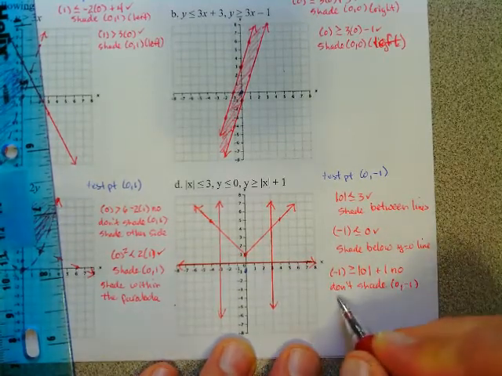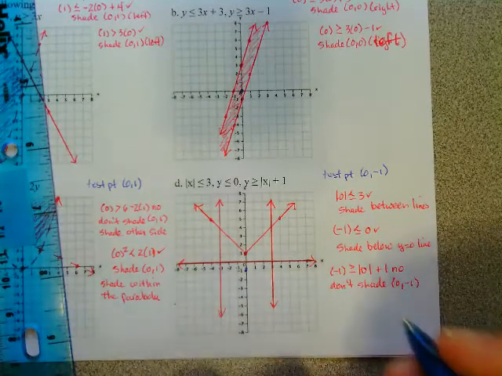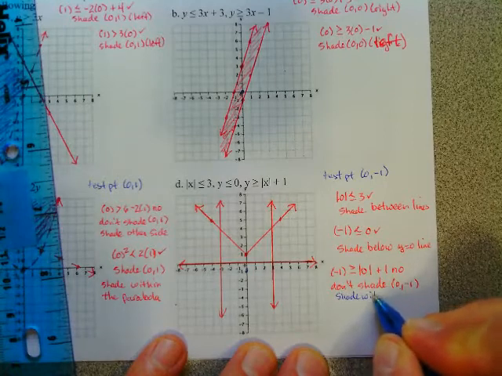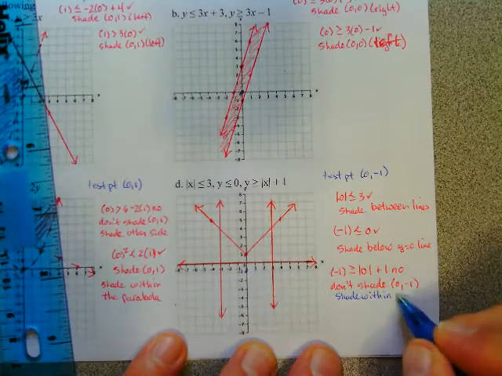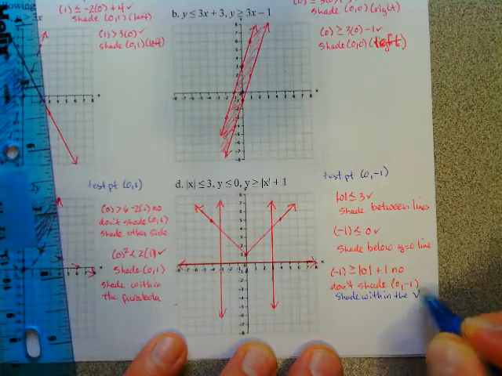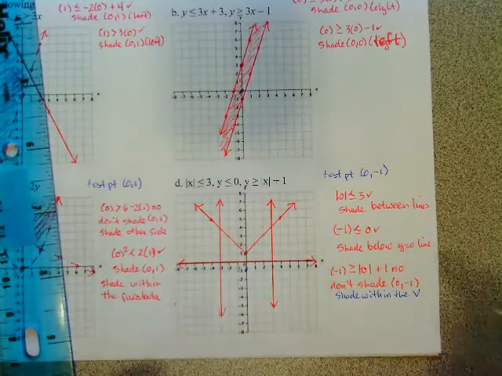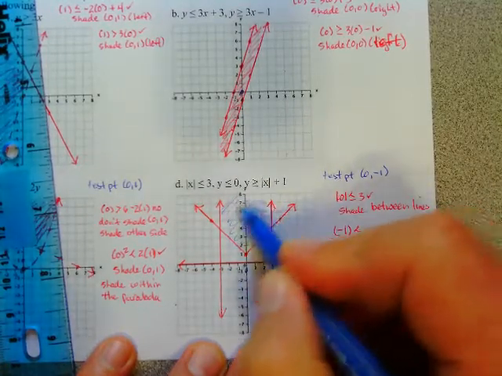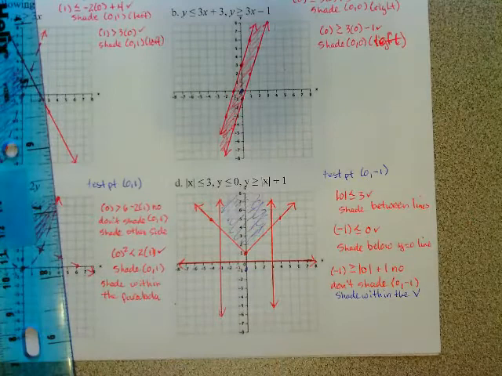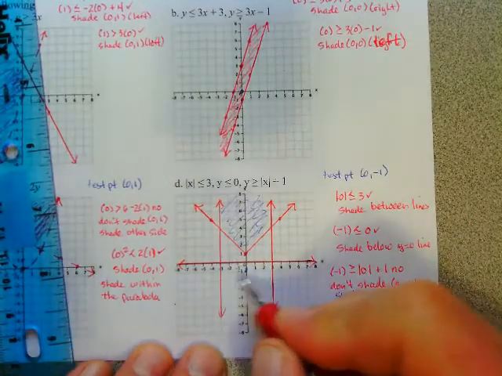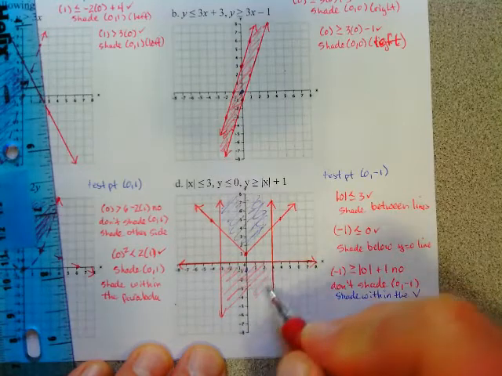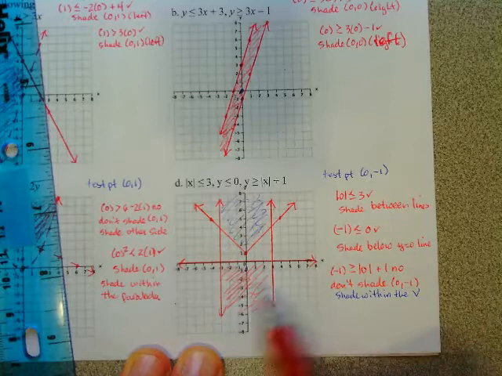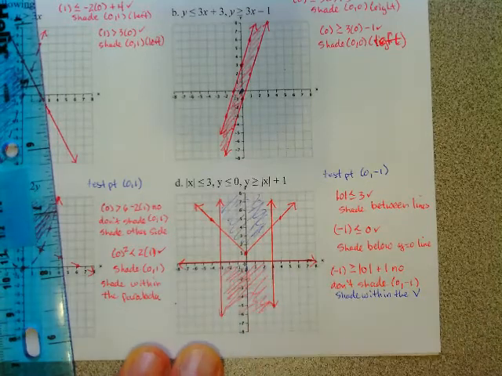In fact, this one would say we need to shade within the V, if you will, which, if we were shading it, would be up here. Whereas the other two say we're going to be shading in here because it's got to be between the two lines and it's got to be below this line.